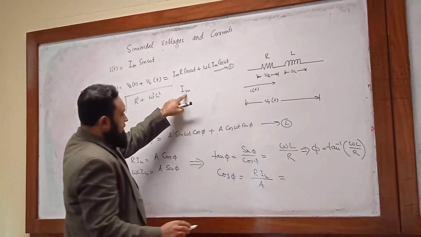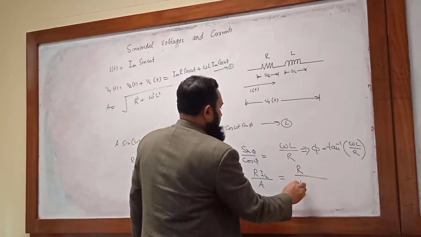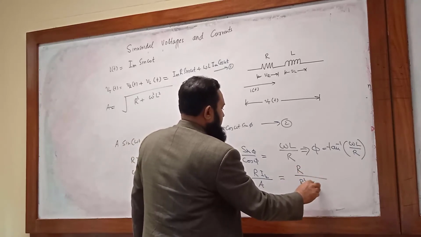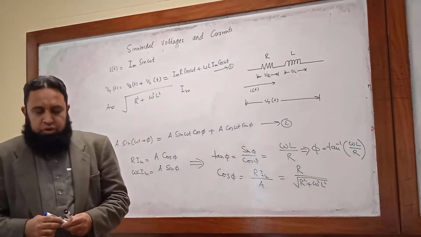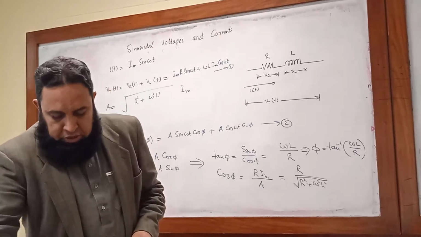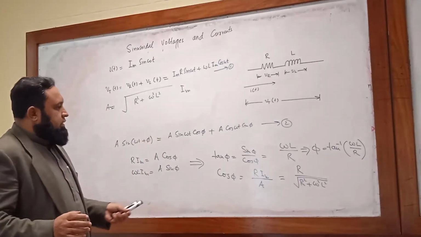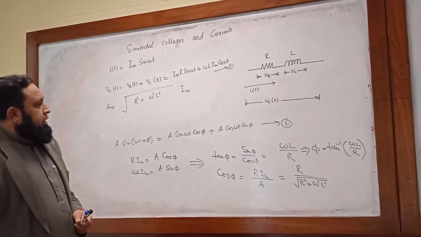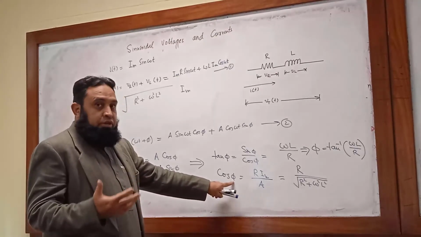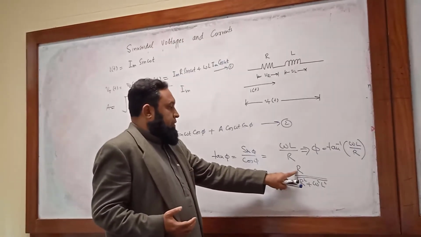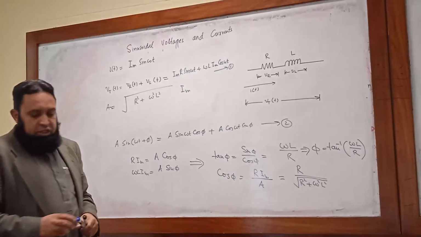So Im is cancelled with this Im, and it will be equal to R divided by the square root of R square plus omega square L square. If you look at this substitution, it represents an angle between R and this magnitude.